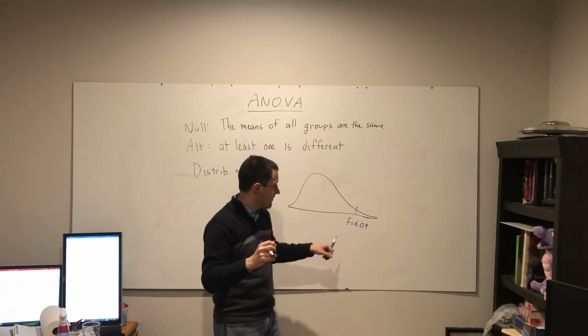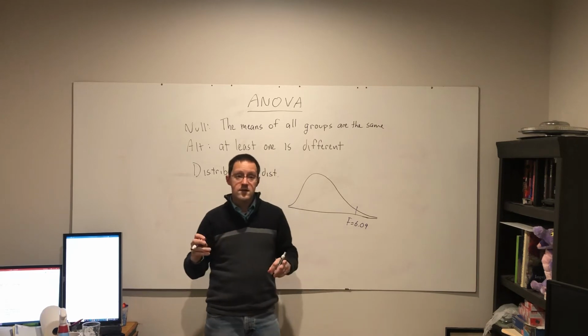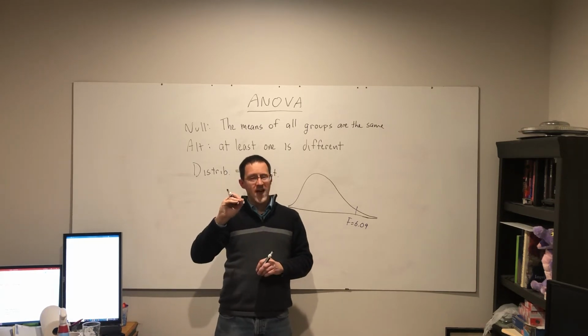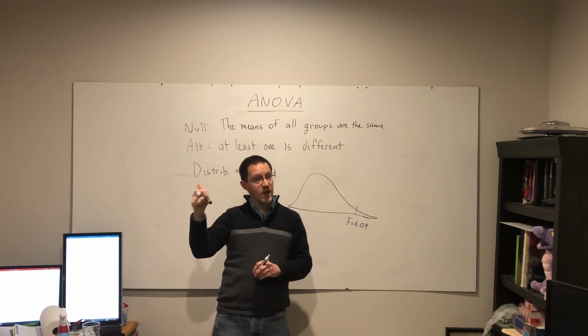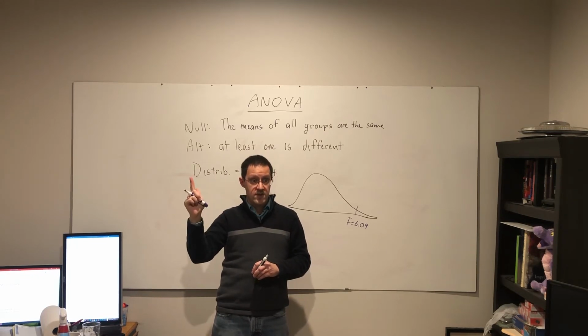Just picking a number out of the air, 6.09. By itself, that number tells us pretty much nothing. It is based upon the sample size, it is based upon the number of groups.